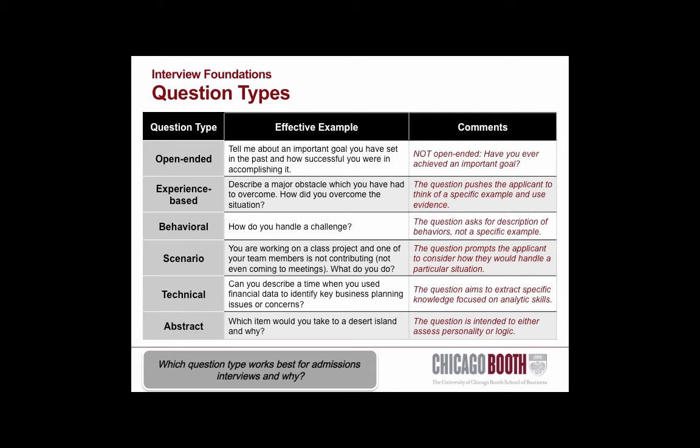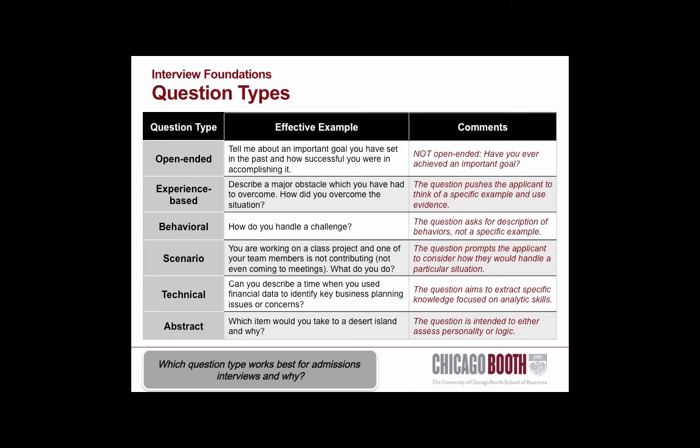What do you do? That's a great question, and it may get at some of the characteristics, but it forces the candidate to really think about the situation and, in the moment, think how they would handle it. It doesn't necessarily ask them to use a particular experience from their past. There's just a difference between that type of question and one of the alternative question types that really drives the applicant to use a specific example.